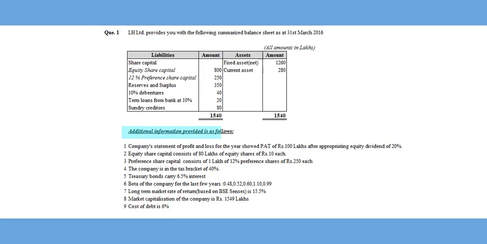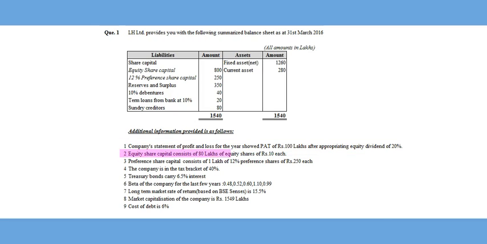Few additional notes are given illustrating the details of figures given in above balance sheet. 1. Company statement of profit and loss for the year showed profit after tax of rupees 100 lakhs after appropriating equity dividend of 20%. 2.